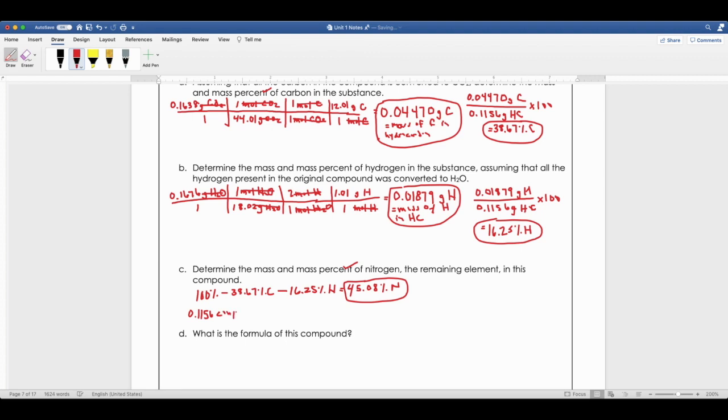Of the compound, minus 0.04470 grams of that is carbon, minus 0.01879 grams of that is hydrogen, and I get that 0.05210 grams is nitrogen. These are the 2 values that this particular question was asking for.